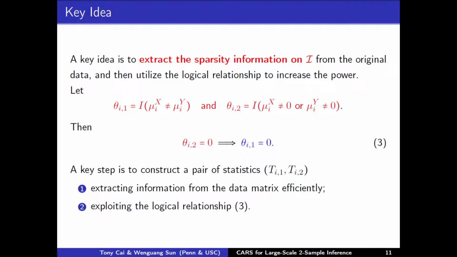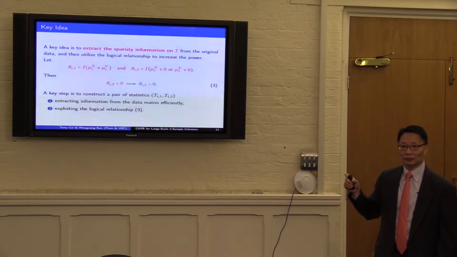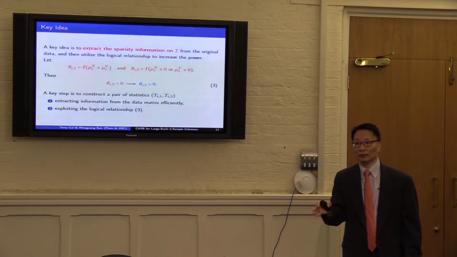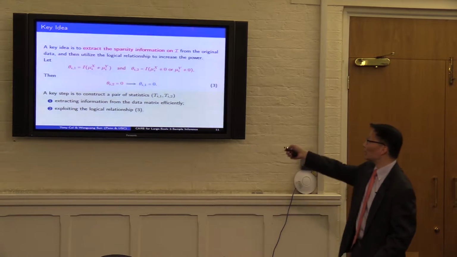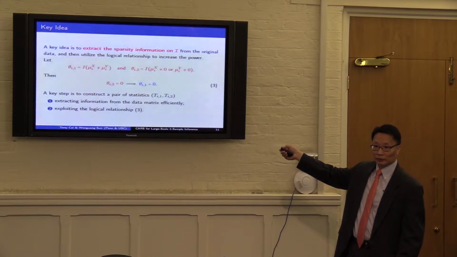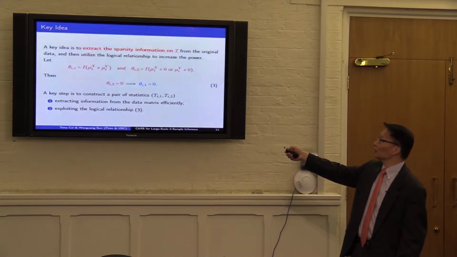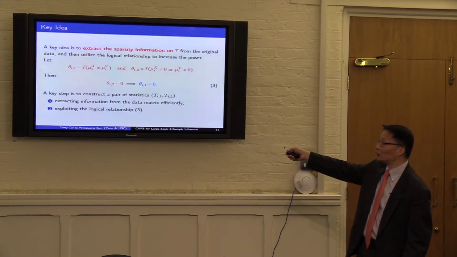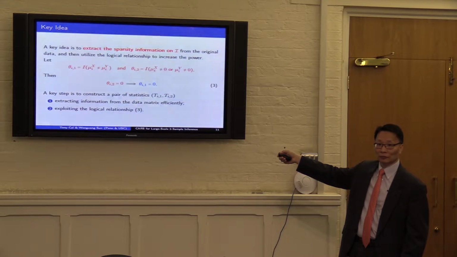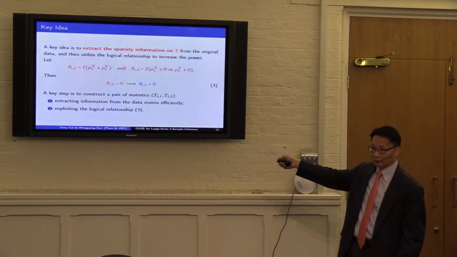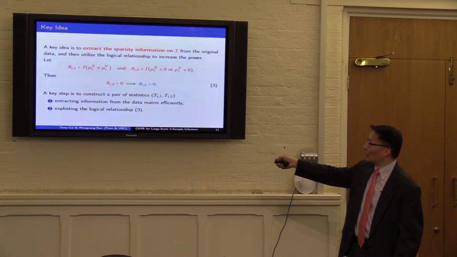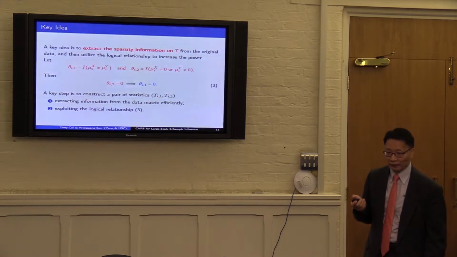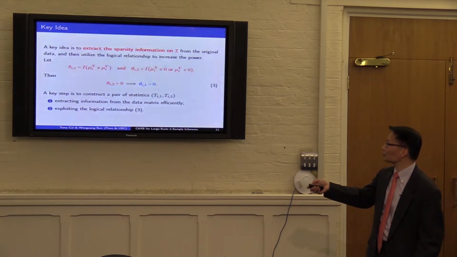So it means that either mu iX is non-zero or mu iY is non-zero. Remember that theta I1 is the main focus. We want to know whether they're equal or not. We don't really care about theta I2 in the original problem. But the main claim is that theta I2 is very useful for us to make inference about theta I1. By reducing into one column, we forget about that part of the information, and that's very important.